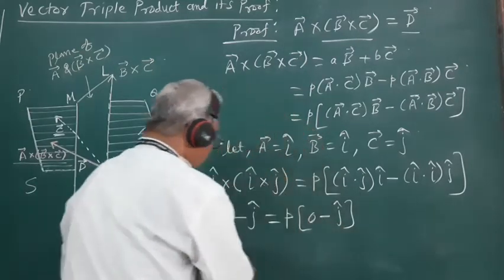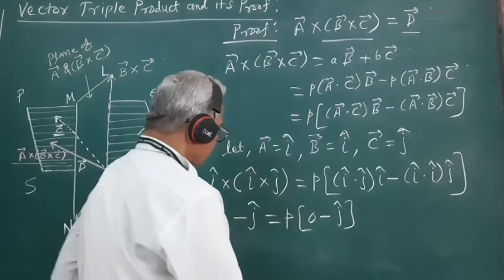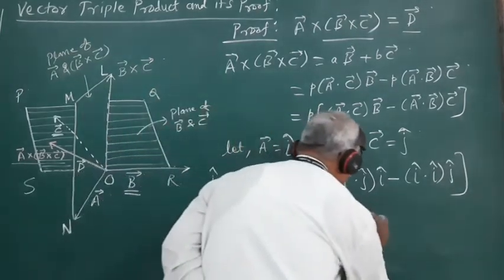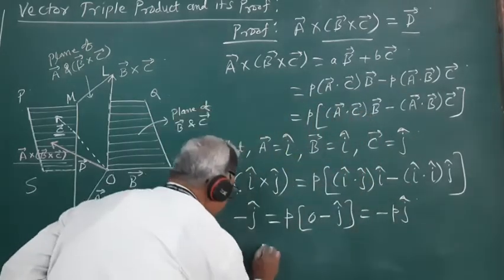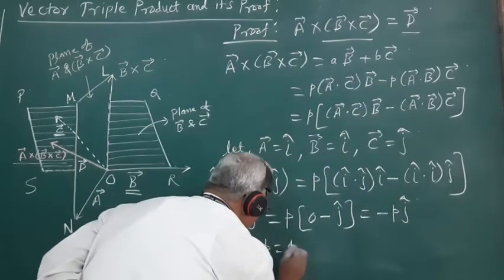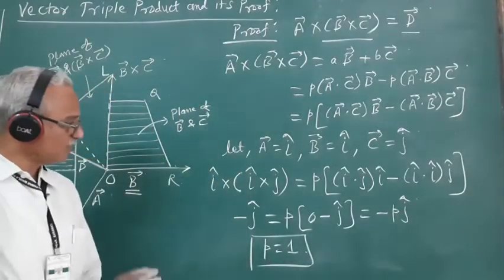So minus J cap is equal to minus P J cap. This implies P is equal to 1.